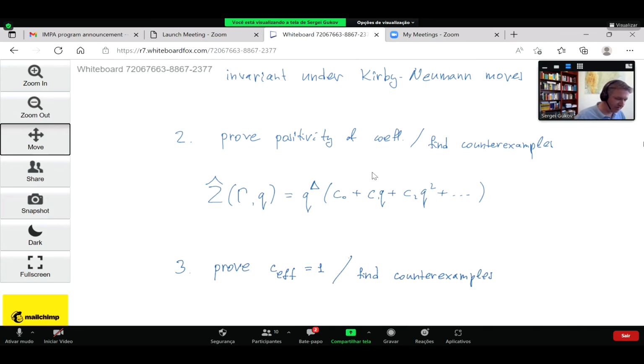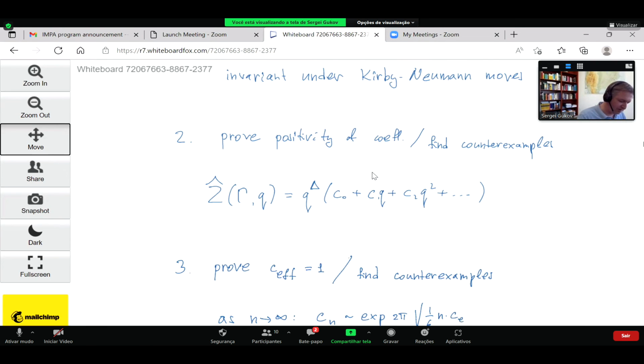And what is the effective central charge? It is the rate of growth of these coefficients. As n goes to infinity, the coefficients Cn in the expansion above grow as exponential of 2 pi square root of c effective over 6 n, times some number.